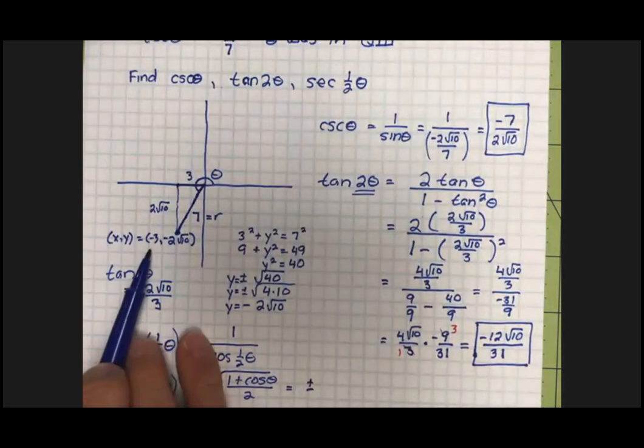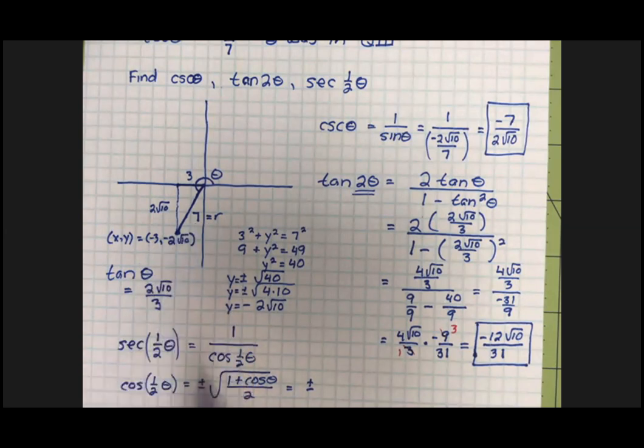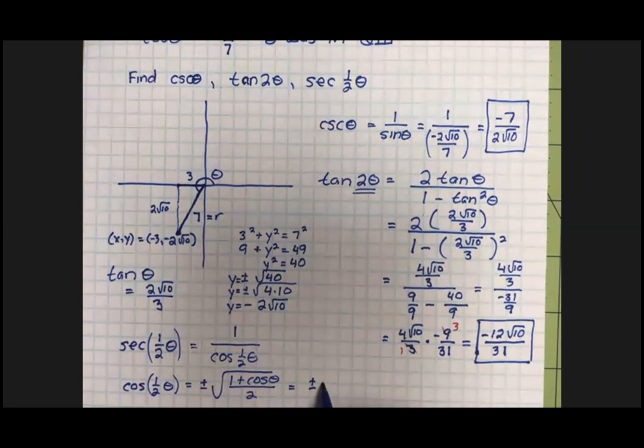I can read it from my drawing. X is minus 3 over r equals 7. So I have 1 plus negative 3/7 divided by 2.